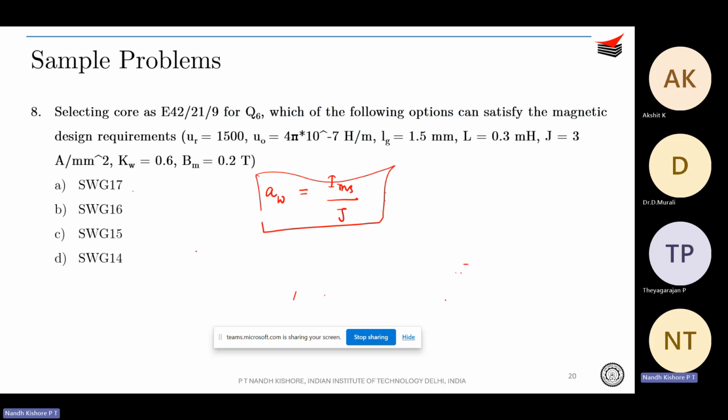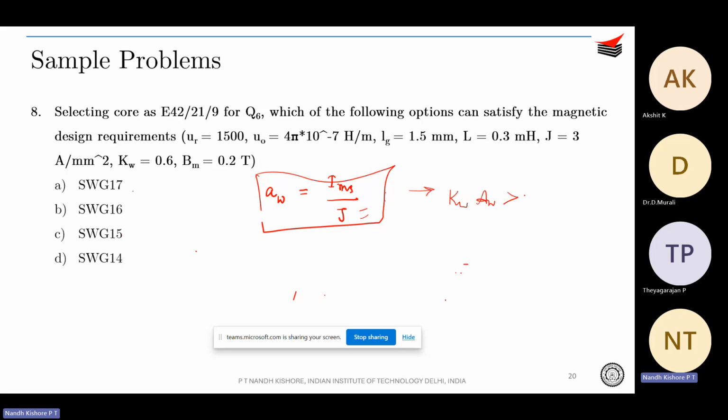The next part of the question was they had selected another core, that is C42219, and all the parameters are given. So the next question is, obviously once you have chosen the core, you should go and choose the wire gauge. For that, you know that AW is equal to IRMS by J. And at the end of choosing the wire gauge, you need to ensure that you have sufficient window area to wind the number of turns.